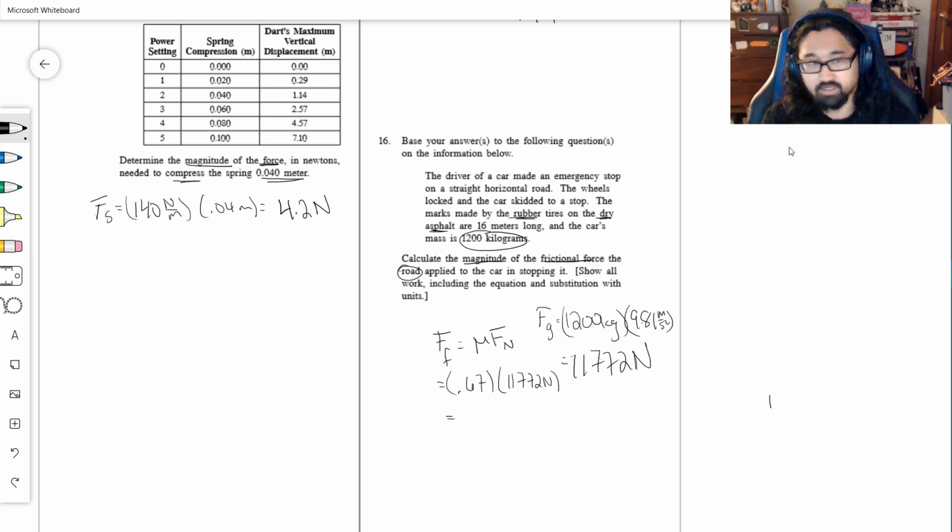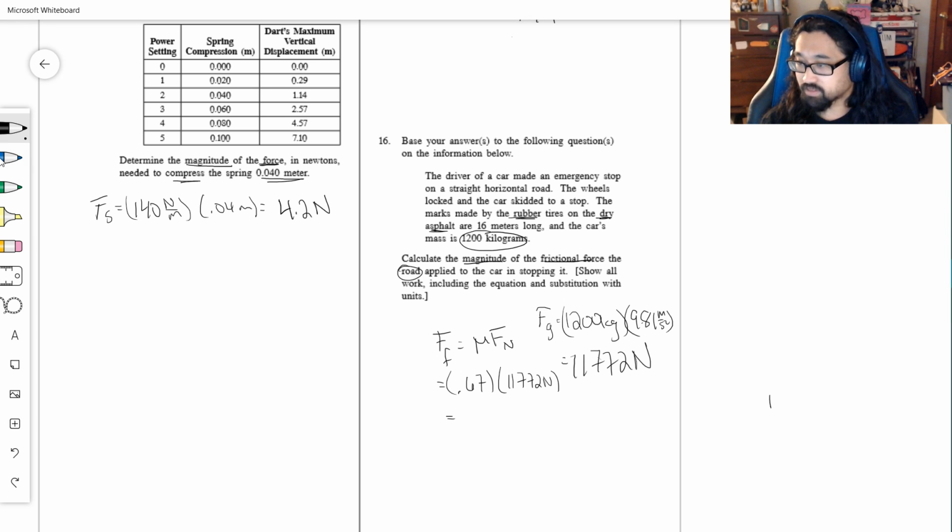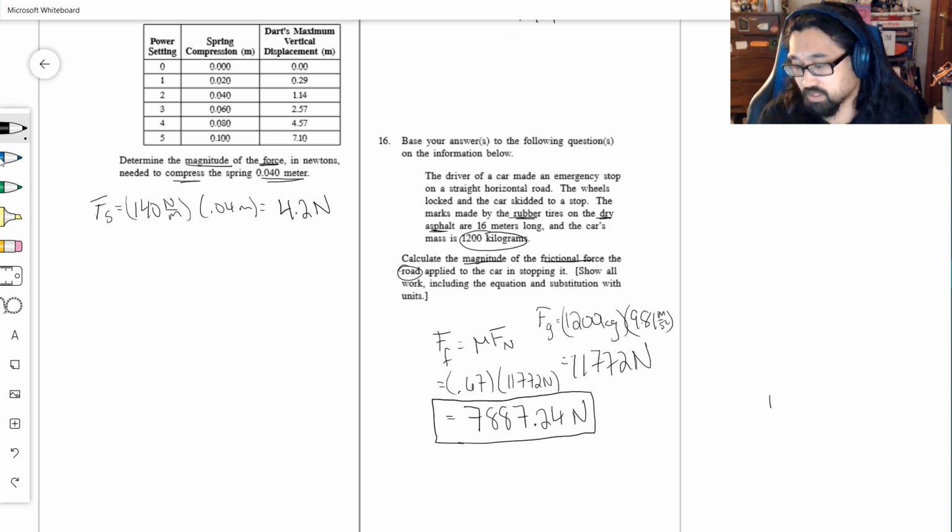And this is going to equal 7887.24 newtons. Now you can leave the whole number. You can call it 7887 newtons. Call it 9,000 newtons, as long as you're within reason, right?